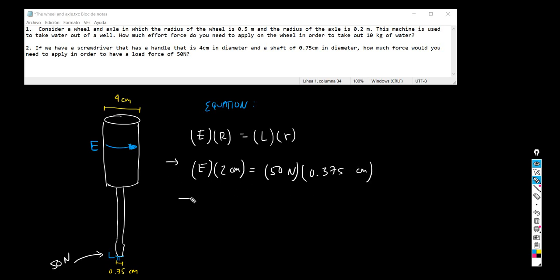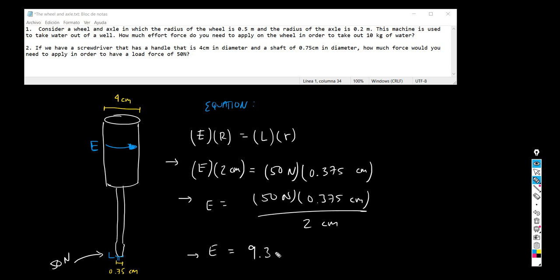Once again, guys, you have an equation with just one variable, and then we just isolate it and do the arithmetic. That's it. So let's calculate that value, and I'm getting 9.375 newtons.